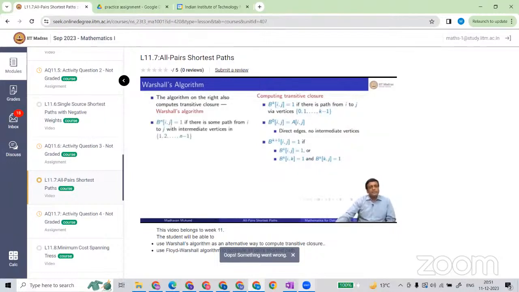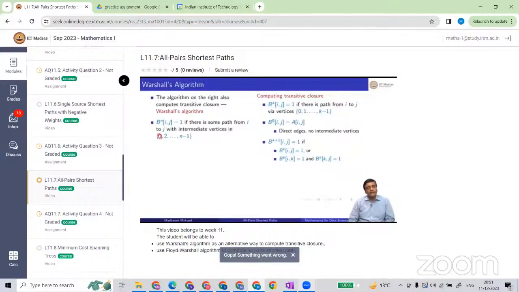Week 10, and then week 11 has Prim's and Kruskal's algorithm, longest paths, and then BFS, DFS, and maximum and minimum vertex cover.